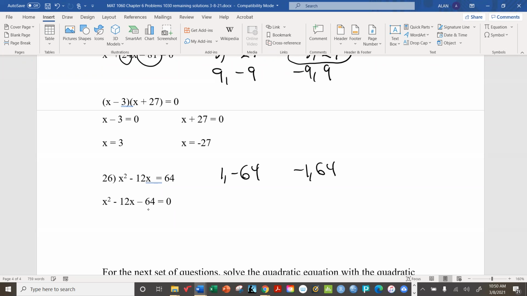How about 2 and 32? 4 and 16. And we also have 8. Oops, negative 8 and 8, that's right. And guess what? We have a winner, because we need a sum of negative 12, which is right here.